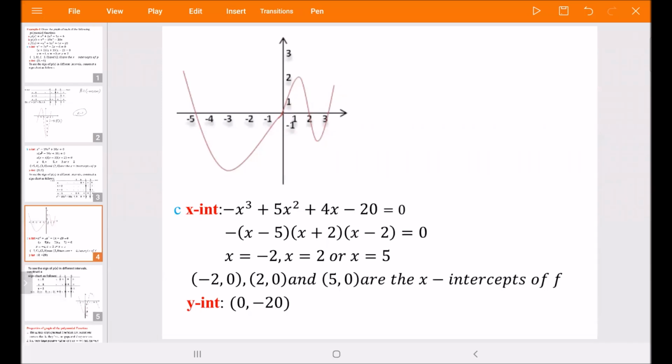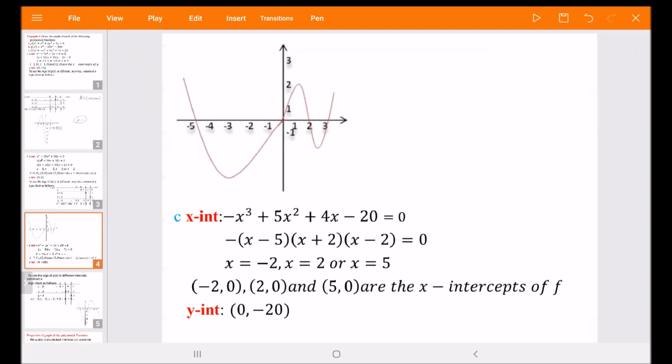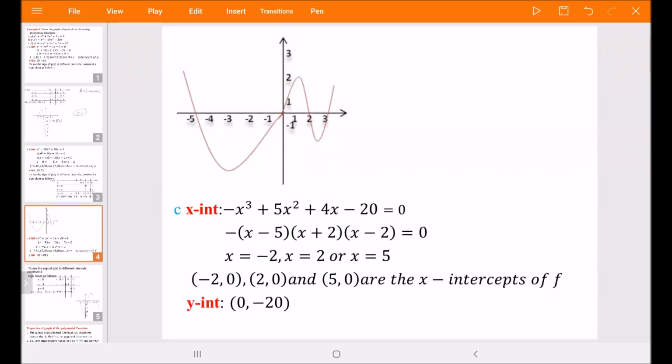Now count the number of peaks and valleys on the graph of this polynomial. There are 2 valleys and 1 peak, so these peaks and valleys are the turning points. If you count them, 1, 2, and 3. The graph of this polynomial p of x has 3 turning points, and this is the maximum, because the maximum number of turning points the graph of a given polynomial can have is obtained by subtracting 1 from its degree.